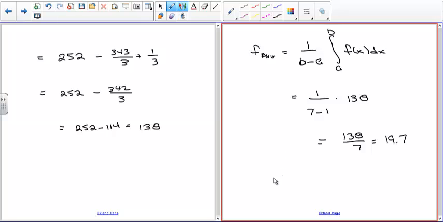It says at what value or values of x does the function equal the average value? Okay, so this one is a little more difficult. What you have is the average value is equal to the function, which is 10 plus 8x minus x squared. So the question is, at what values of x does the value of the function equal the average value?